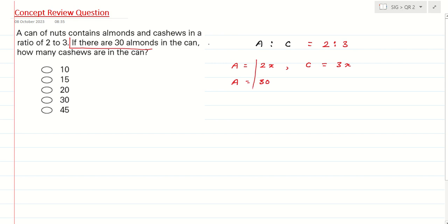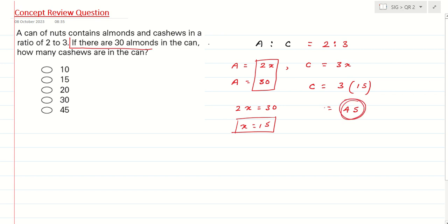So I can equate 2x equals 30, and I get x equals 15. Then I can find the value of cashews easily: 3x is 45. So 45 is the answer, option E.